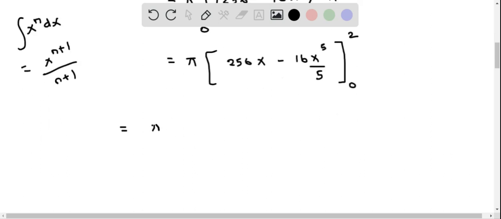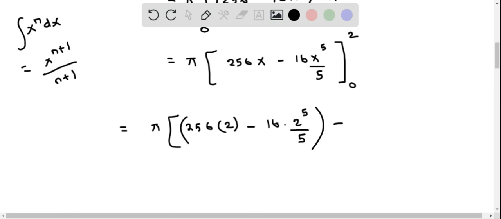And so therefore this equals pi times 256, replace x by the upper bound, which is 2, minus 16 times, replace x by 2, so it becomes 2 to the power 5 divided by 5. And then we should subtract this by applying the lower limit. And when you put the lower limit, this term will become 0 and this term will also become 0.